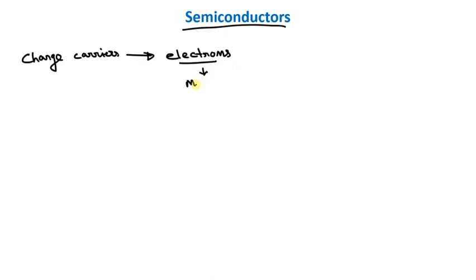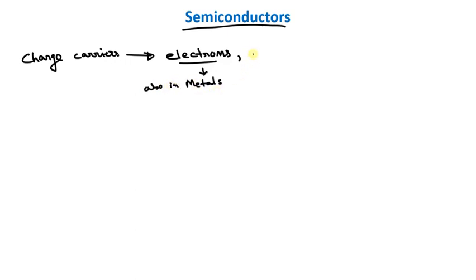So here let us also discuss some other properties or facts regarding semiconductors. What are the charge carriers in a semiconductor? Obviously we'll say electrons, because the electron is also a charge carrier in case of metals.